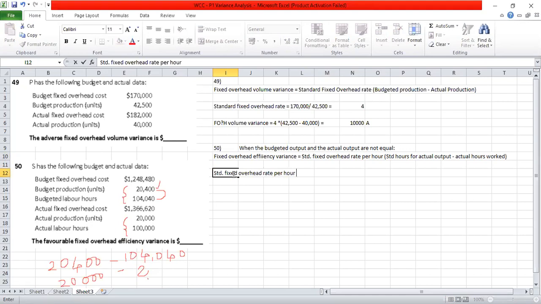Overhead costs divided by budgeted labor hours. So how much is that? 1,248,480 divided by the number of budgeted labor hours, which is 10440.